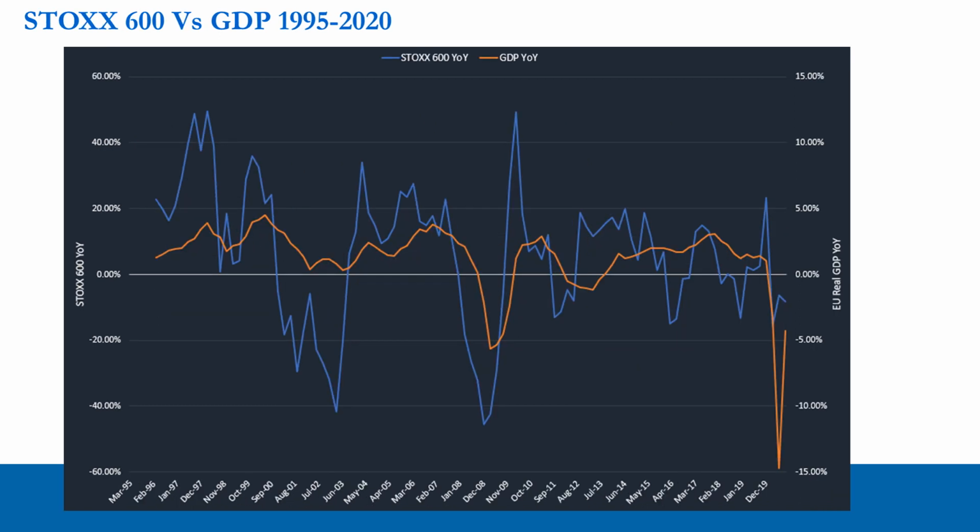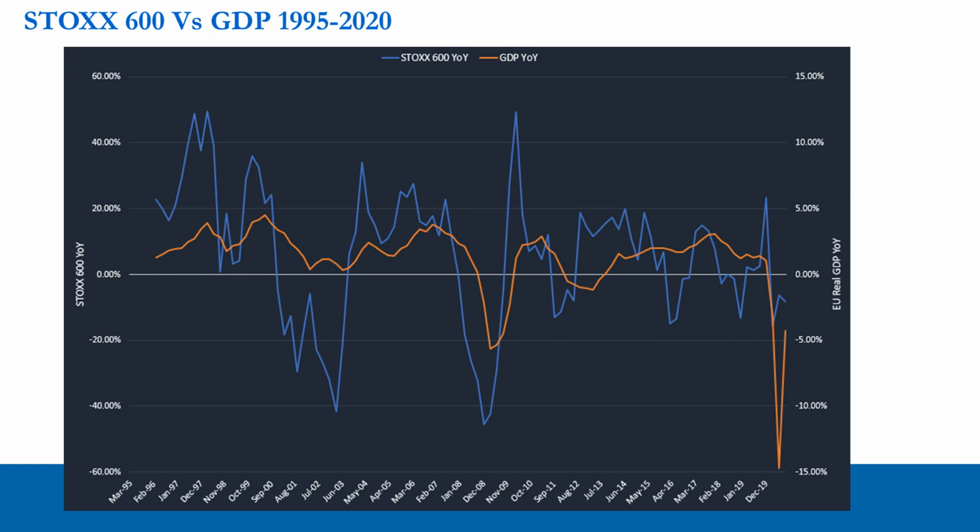If we look at the Stoxx 600 versus Eurozone GDP, and that's our data set 1995 to 2020, so a shorter data set, even with the shorter data set, you can see visually that there's a pretty strong relationship between the two.